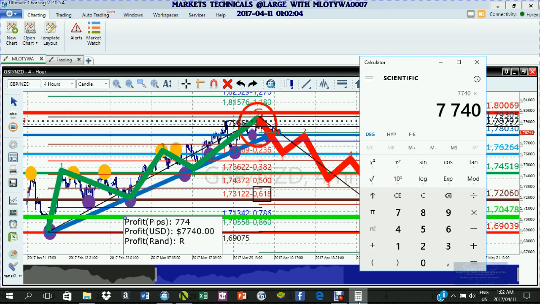I'll just multiply that again. And okay, there. Okay, guys, that is 100. You see, it's a number. Okay, it's a lot of money.